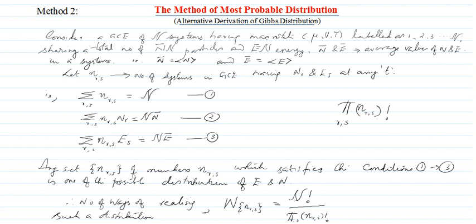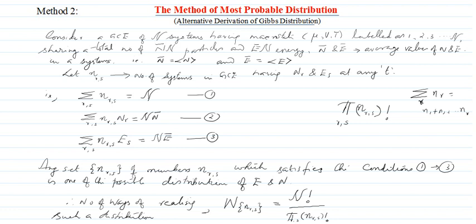I think you are familiar with the symbolic notation of sigma over some quantity, say sigma over r of n_r, which denotes a summation, n1 plus n2 plus etc. up to some value of r.